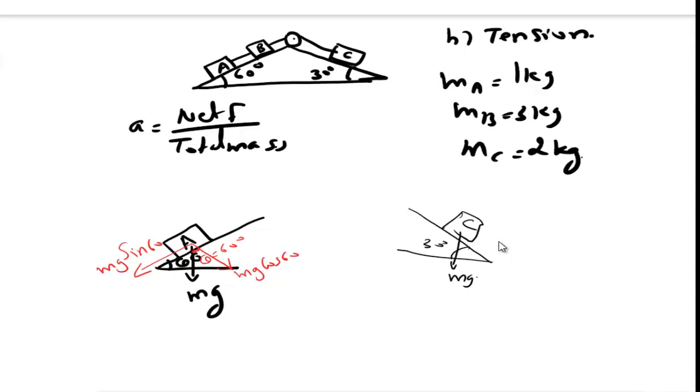So how can I divide this into its components? Here mg is making an angle theta. If this is theta, this also will be theta only. Then it divides into components like this. mg will be acting exactly downwards and one component will be acting here; another component will be acting in this direction.